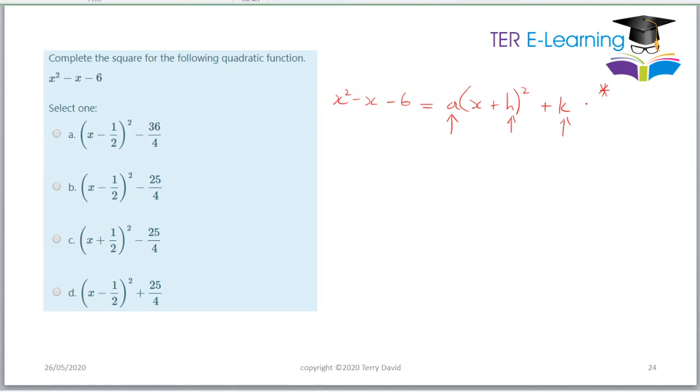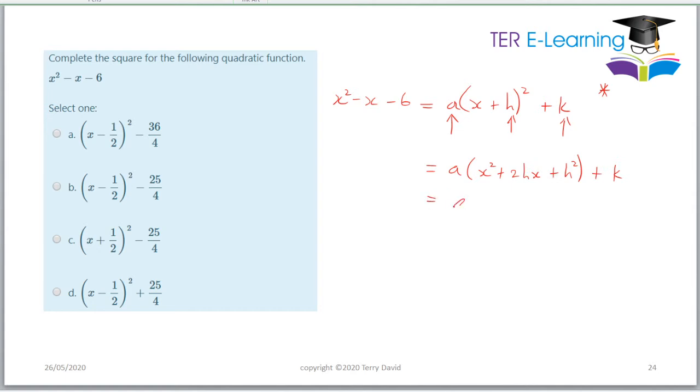Last week and the week before we spent a significant amount of time looking at this, right? Let me get you started. The first thing we do is expand the right hand side. When I expand a(x plus h) squared plus k, we get a times x squared plus 2hx plus h squared, plus k.